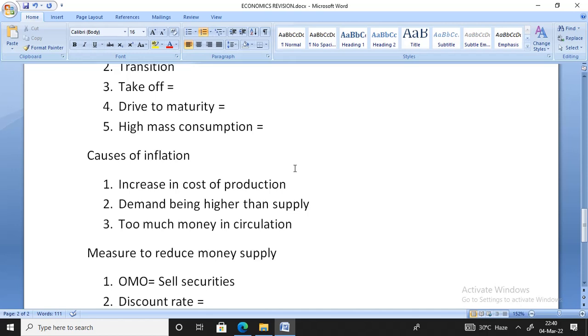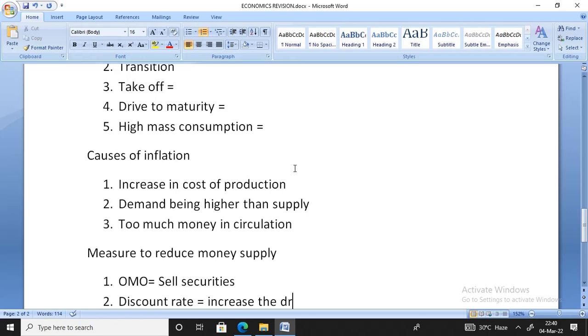When commercial banks borrow at that rate, they also lend us money at an interest rate, so the interest rate is influenced by the discount rate. To restrict the quantities of money that goes in circulation, government must increase the discount rate.